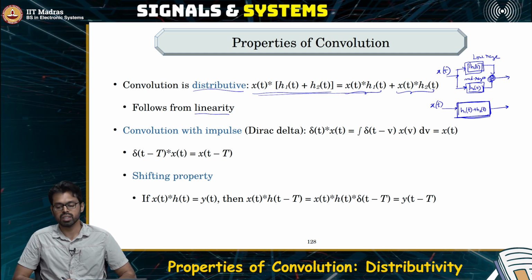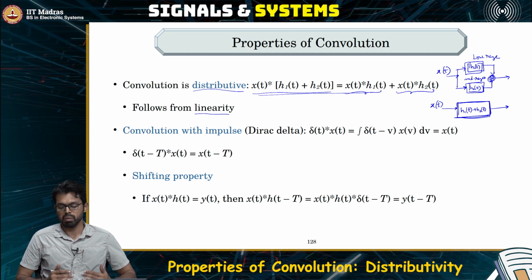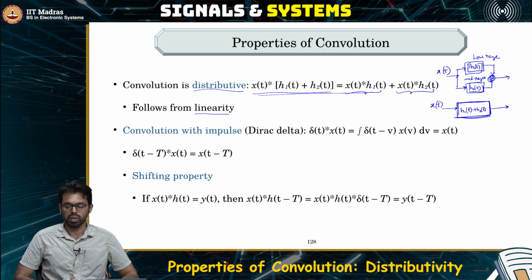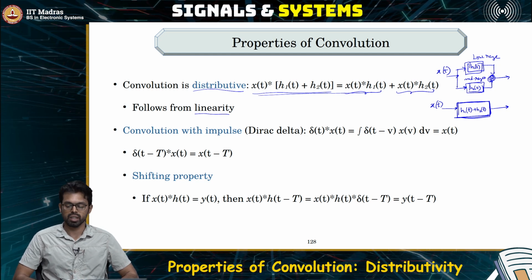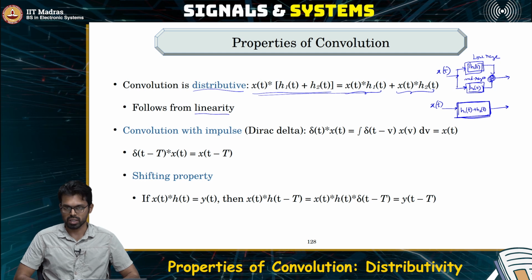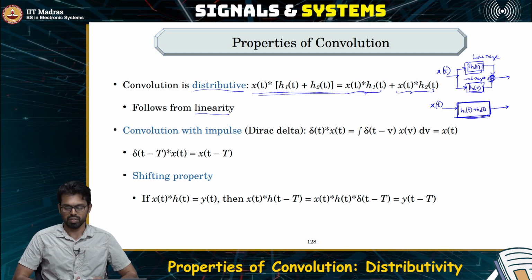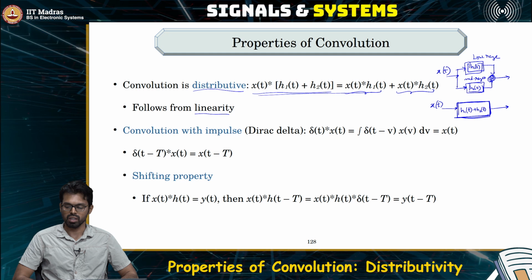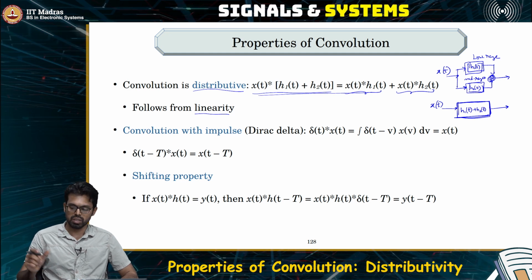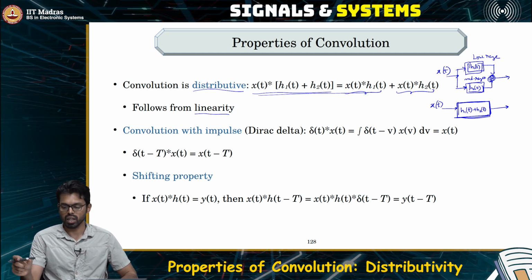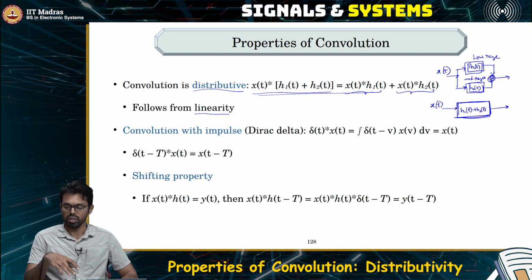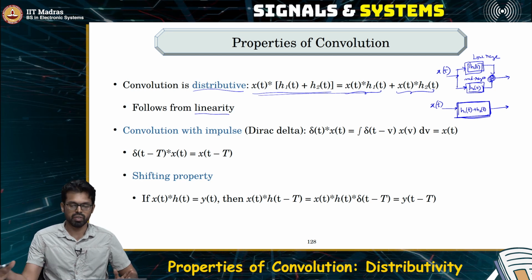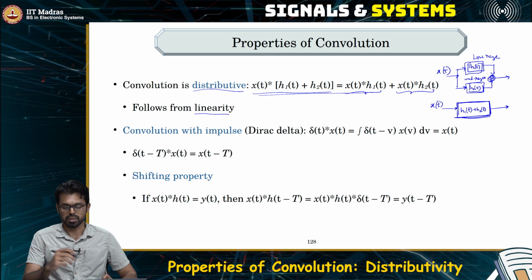This is very interesting because earlier we thought we need multiple filters to do one audio equalization. But what this property tells you is that as long as the system that you are constructing is an LTI system, the filter that you are constructing is an LTI filter, you can always replace that with just one block, one system which can do this operation of filtering out multiple frequency bands with different gains.